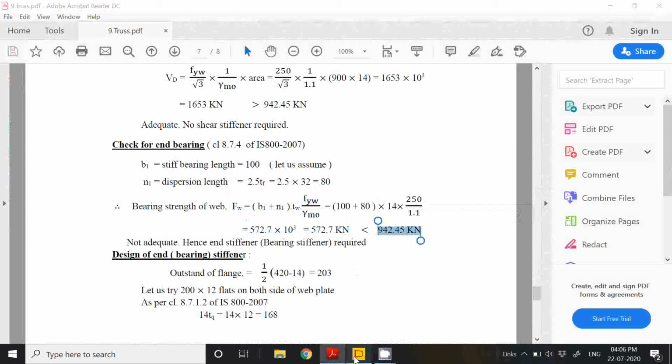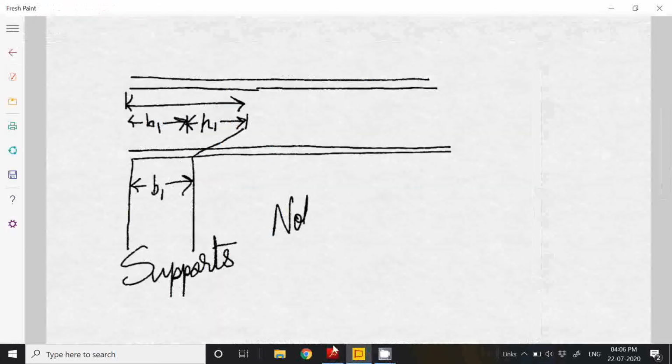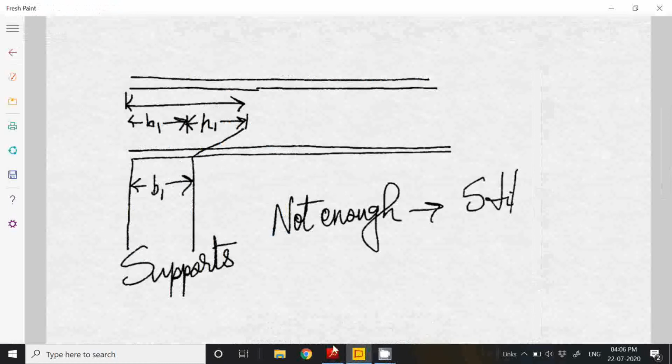So now we got that it is not enough, so we need what? We need stiffeners, or we can say plates. We need end bearing stiffeners. Now, how do we give the end bearing stiffeners? What is the outstand of the flange? Now let me draw a proper diagram.